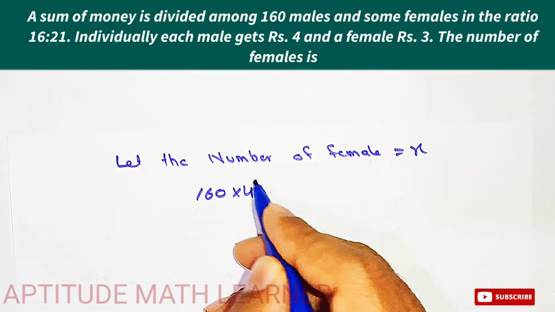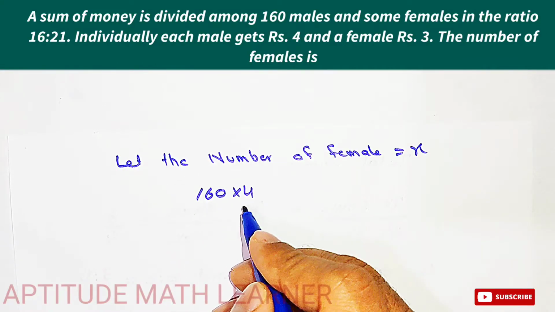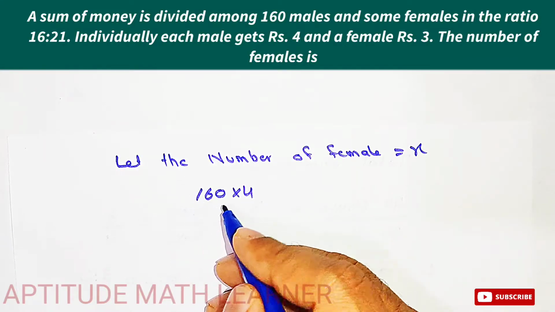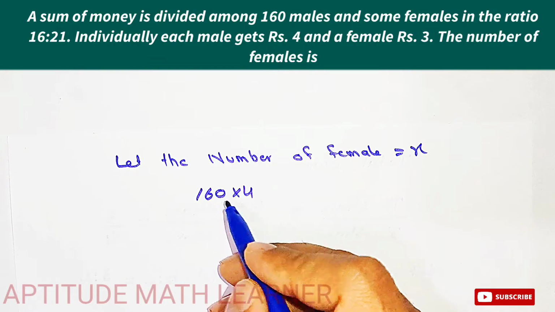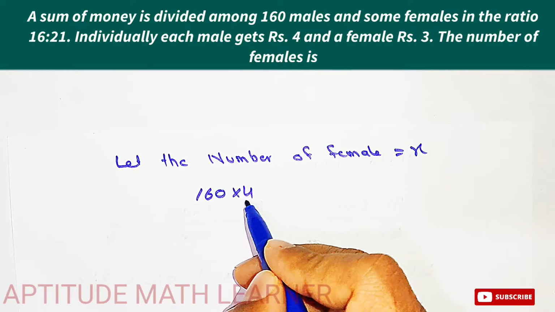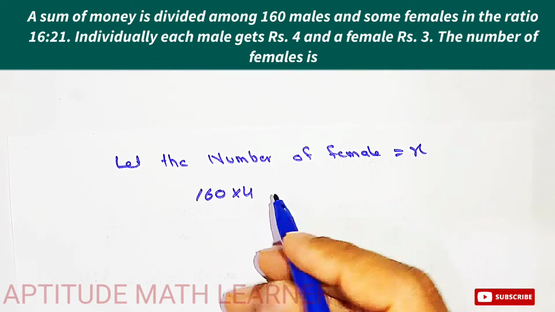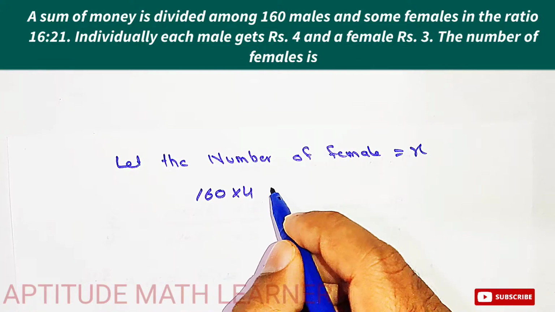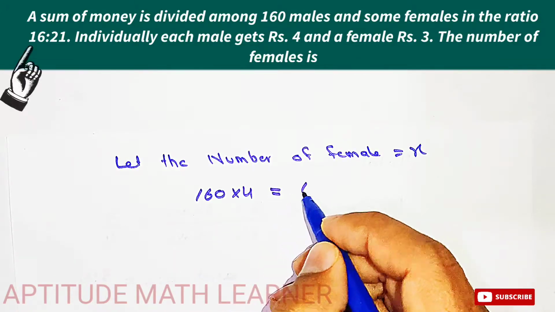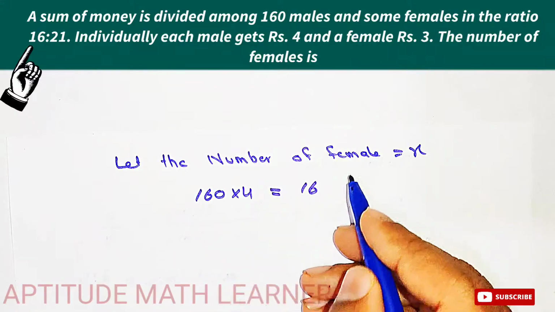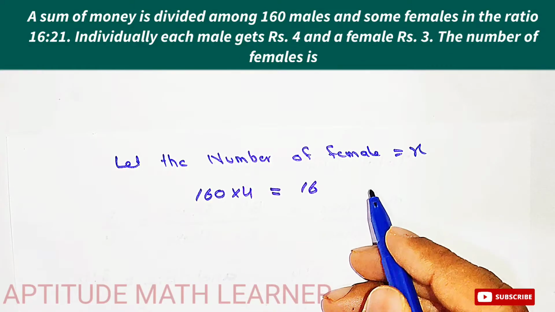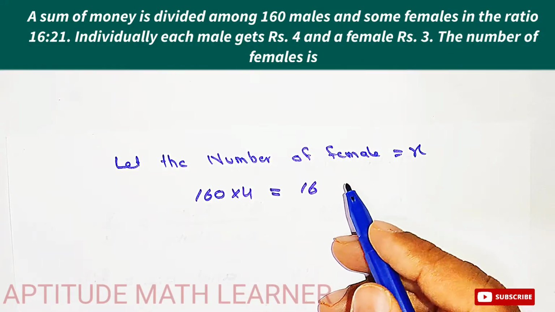So this will be the males' share. 160 males are there and everyone is getting ₹4. And this is in the ratio 16. So these are the ratios for the amounts.